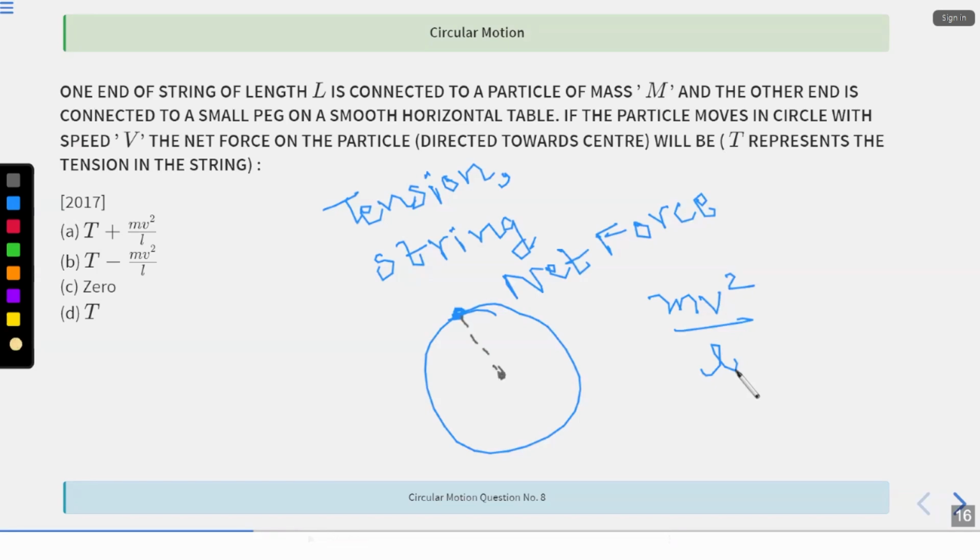Okay, this is the string. So here there is centripetal force mv square by L.